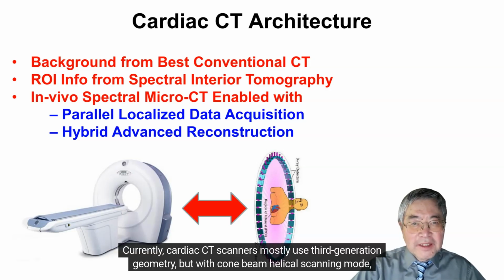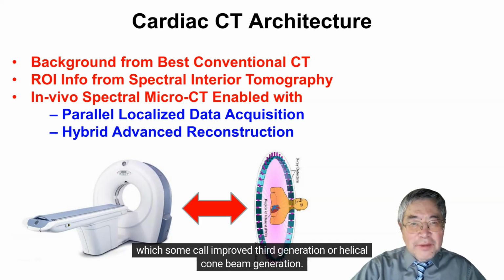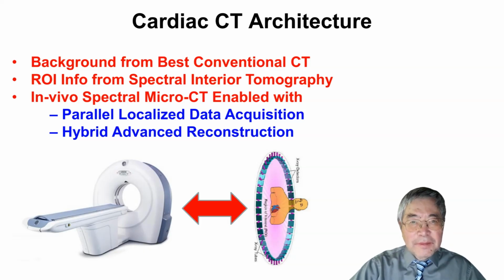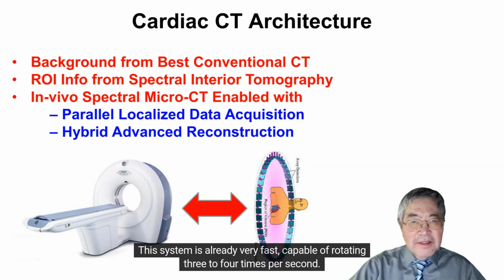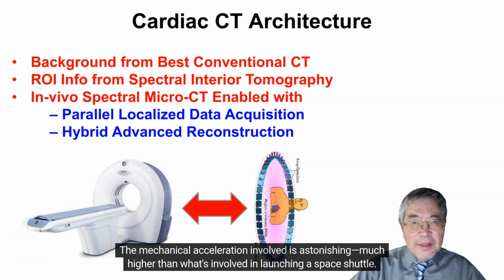Currently, cardiac CT scanners mostly use third-generation geometry, but with cone beam helical scanning mode, which some call improved third-generation or helical cone beam generation. This system is already very fast, capable of rotating 3 to 4 times per second. The mechanical acceleration involved is astonishing, much higher than what's involved in launching a space shuttle.